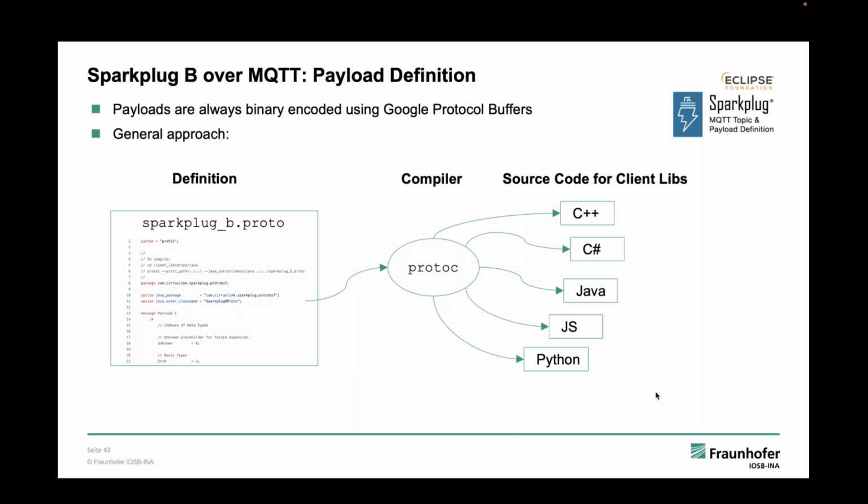And then to this payload definition, you add the state management part of Sparkplug-B, and you add the topic namespace part of Sparkplug-B, and what you get is the so-called Eclipse Tahu project, which is the reference implementation of Sparkplug-B. You can also find it on the Eclipse website.